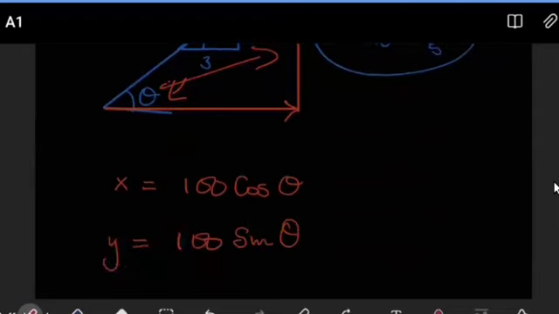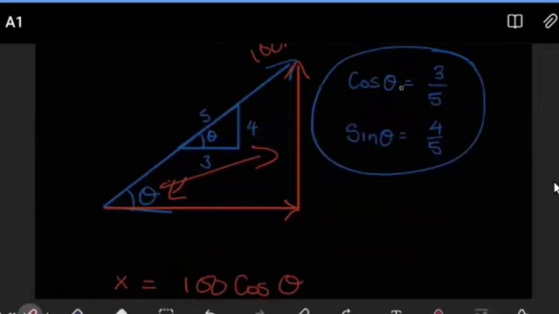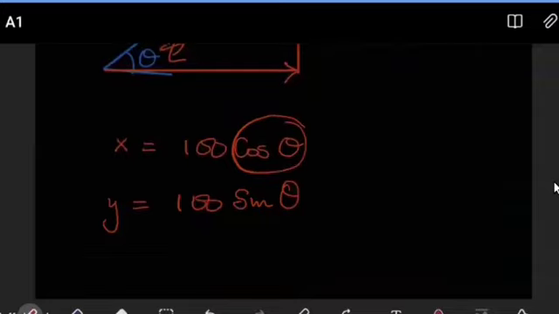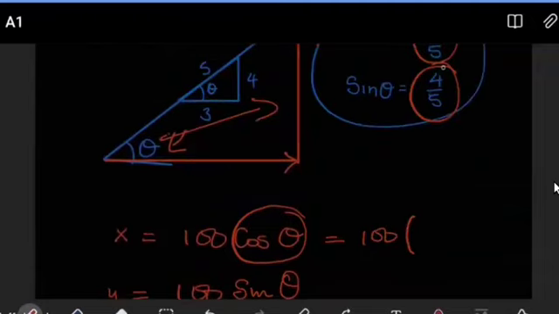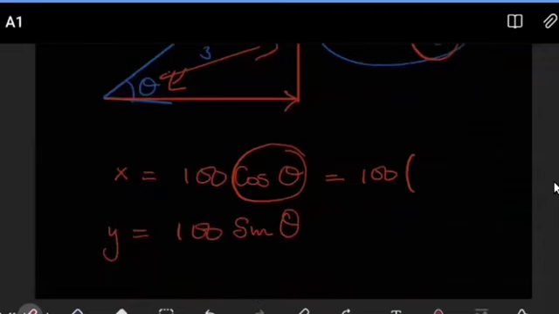sine theta. But based on the small triangle, you did observe that cos theta is 3 over 5, and sine theta is 4 over 5. So even without knowing exactly what theta is, you know that cos theta is 3 over 5. Meaning that this can now be written as 100, and in place of cos theta, you have 3 over 5.